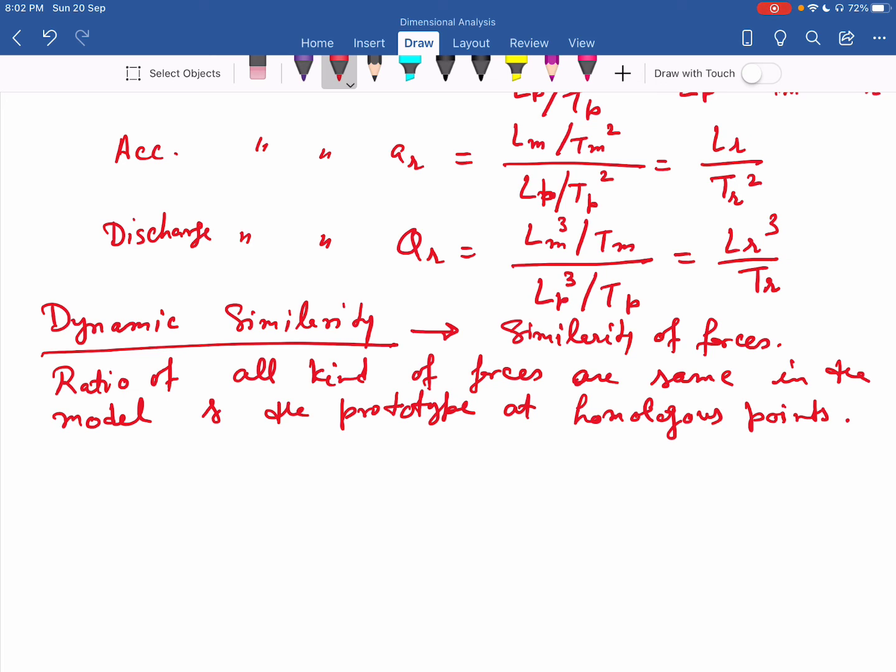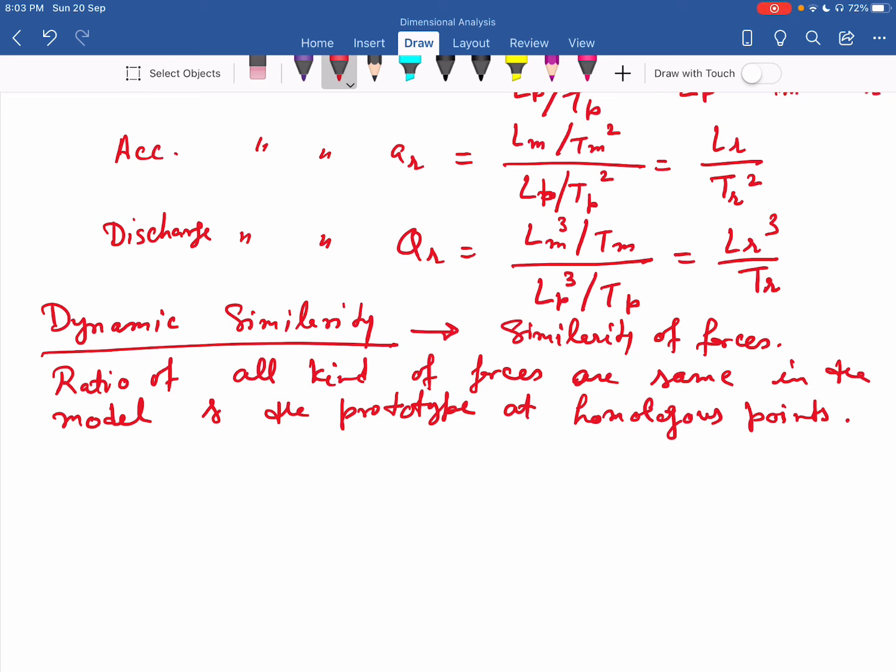Now say a fluid particle can be acted upon by a force Fp. So we have five types of forces: the pressure force, the viscous force, gravity force, surface tension force, elastic force. Okay, so these five forces are acting on any fluid particle, and the result of these forces is the motion of the fluid particle.